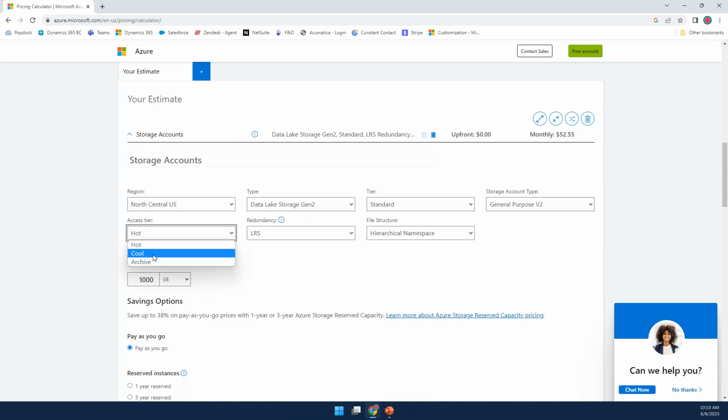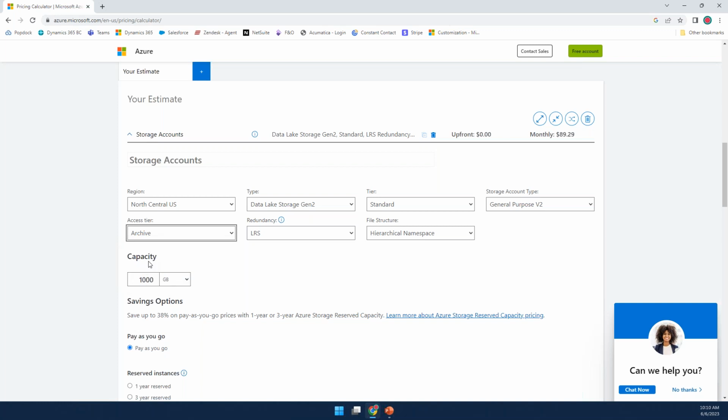Here's where I'm going to steer you away from that. In all the calculations that I've seen, it actually will go up. So, okay, let's look at this. We're at hot storage right now. If we change it to cool, it goes down. That brings us down a little bit. And again, it's going to slow down the access. That might be something you'll do, but watch this.